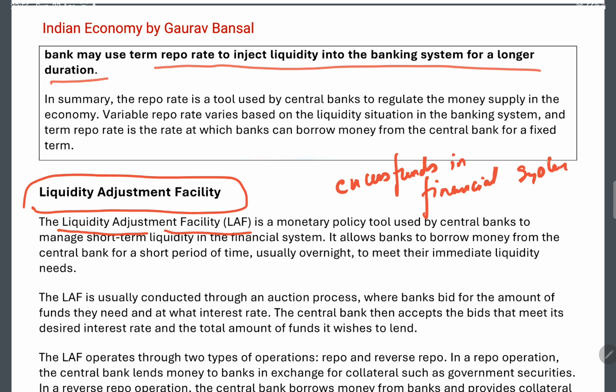If you read the technical explanation, the technical definition is the surplus of loanable funds with the financial system. Loanable funds means funds which are available for loan. Every financial system has some funds. Let us say there is a financial system in which there is money supply which is available, and in which there is money demand. So the difference between money supply and money demand is called liquidity.